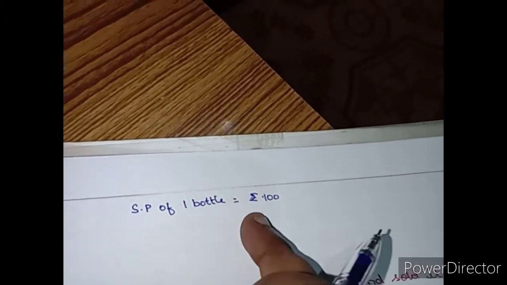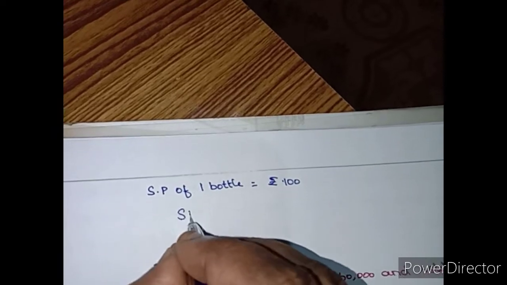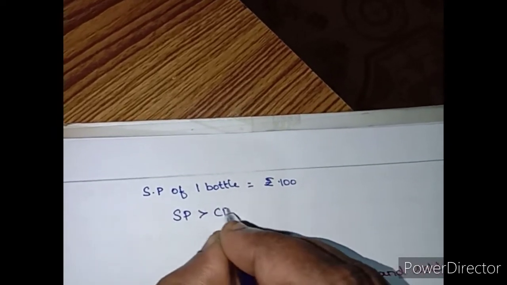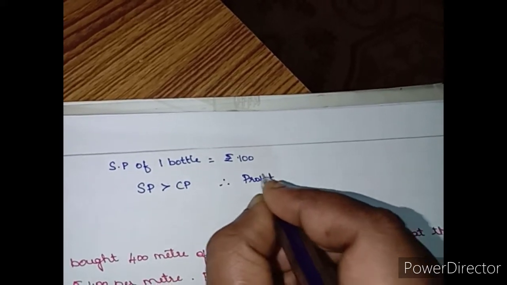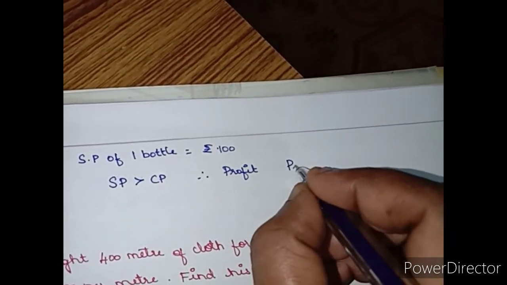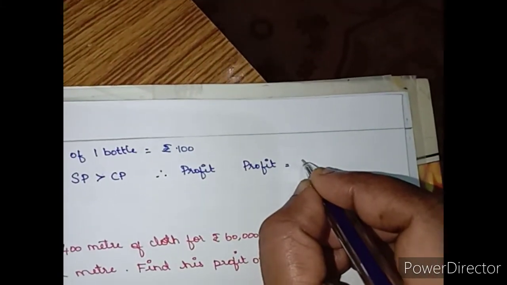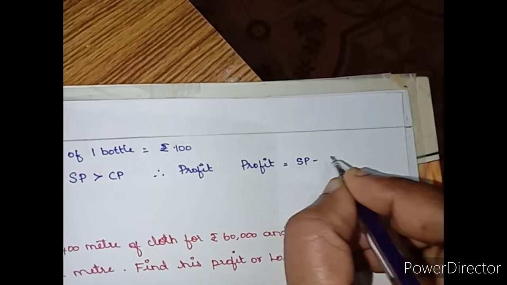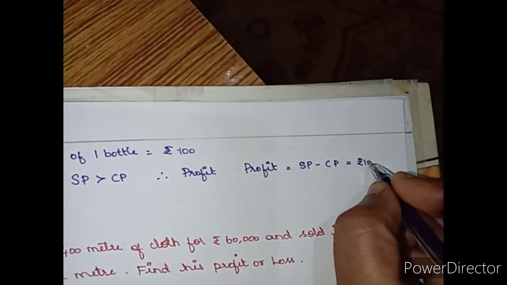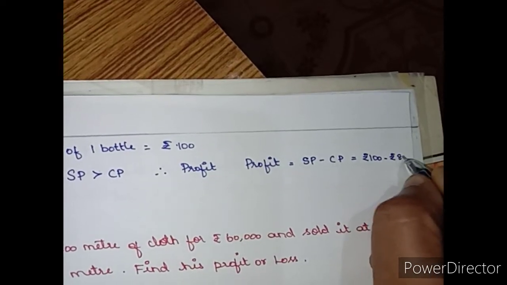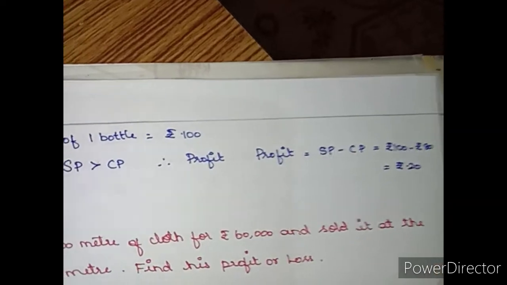So CP was 80 rupees and SP is 100. So SP is more and CP is less. Therefore it is a profit. So how much is the profit? Profit is equal to SP minus CP, that is 100 minus rupees 80. So rupees 20 is the profit.